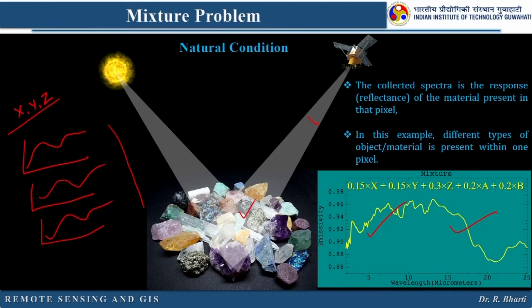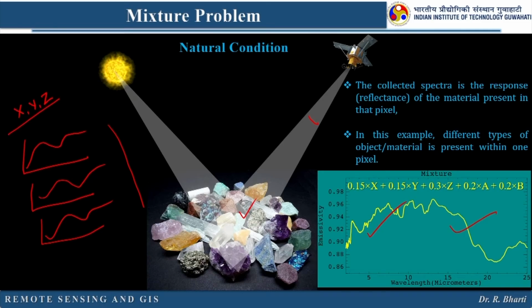So here our life is complicated, and the approach we used for the normal cases, where we consider one pixel belonging to one particular object, right? Do you remember the classification? But here what we are trying to resolve is that one pixel may have X, Y, Z material, and now we have to resolve this one pixel in terms of X, Y and Z. So how can we do that?